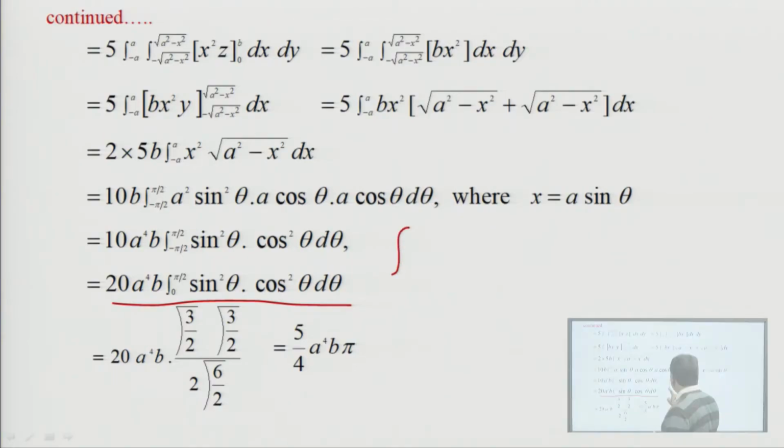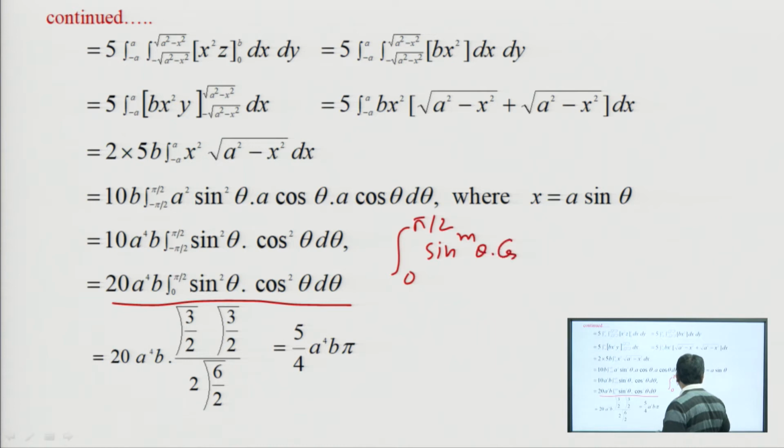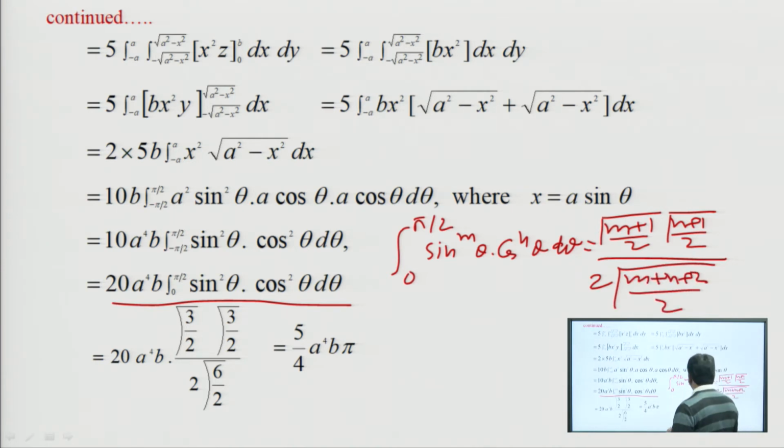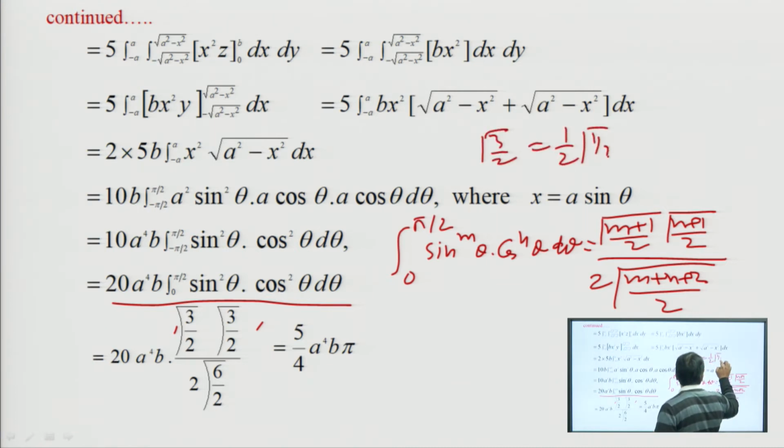For this, remember the formula: integral 0 to pi by 2 sin to the power m theta into cos to the power n theta d theta is equal to gamma of m plus 1 by 2 into gamma of n plus 1 by 2 over 2 gamma of m plus n plus 2 by 2. With the help of this result, we can write this as gamma 3 by 2 into gamma 3 by 2 over 2 gamma 6 by 2. Now, gamma 3 by 2 is equal to 1 by 2 gamma 1 by 2.